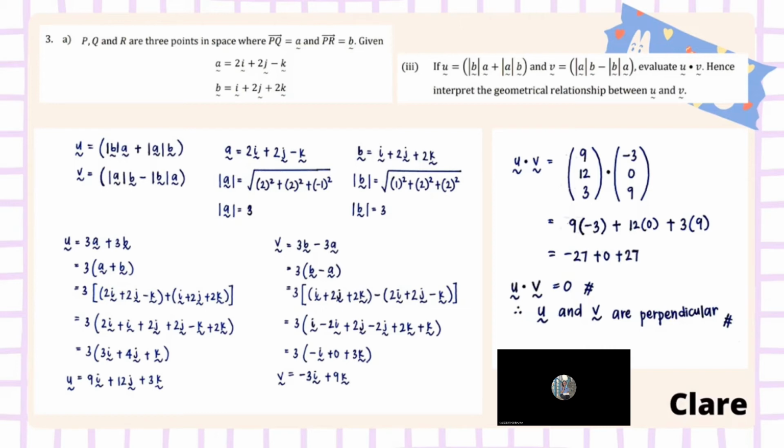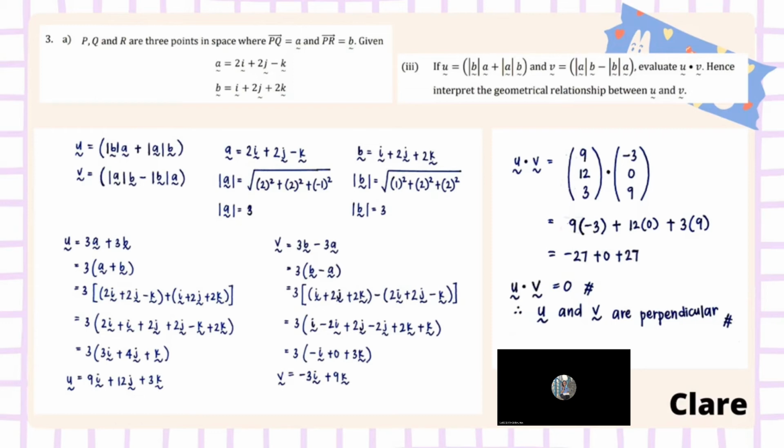Finally, we will get vector U is equal to 9i plus 12j plus 3k, and vector v equal to negative 3i plus 9k. To find the scalar product of vector u and v, we can use the matrix form of this vector.